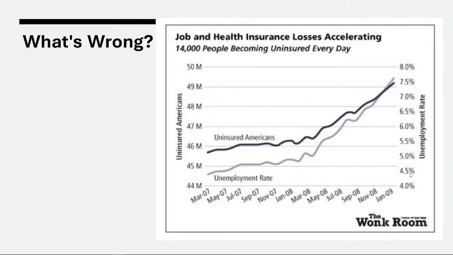This unemployment rate, I'm not even sure this coincides with this. So 47 million uninsured Americans, but it's not quite as clear as it could be. Okay, here I believe this is March, April, May, June, July.